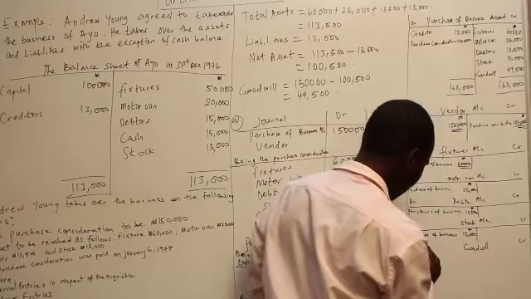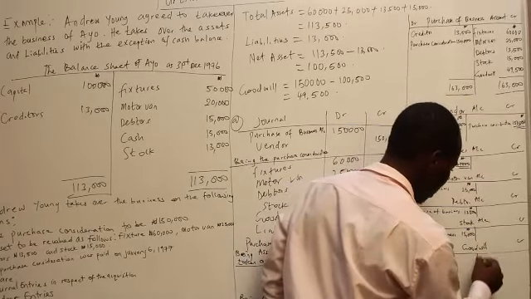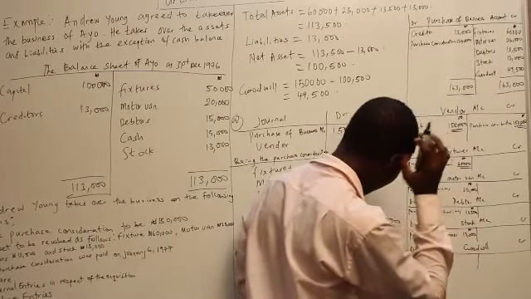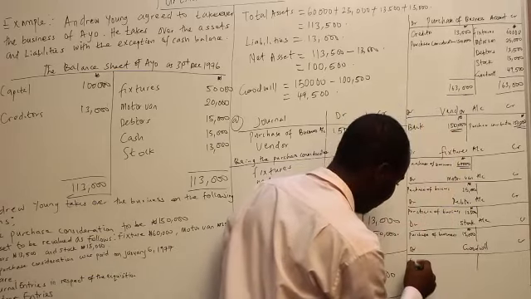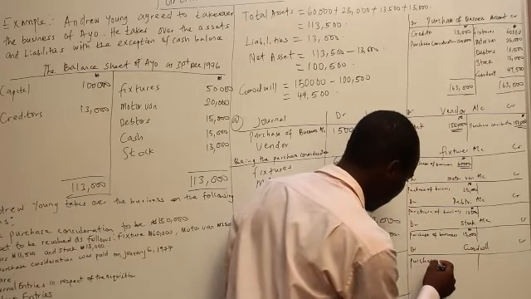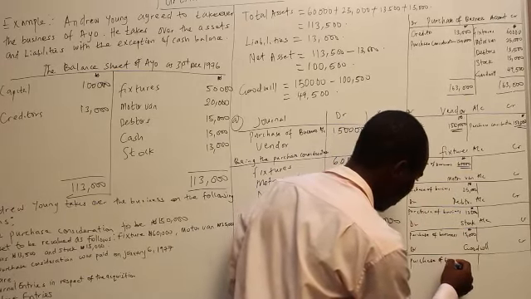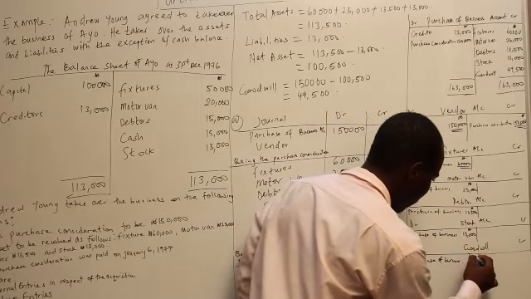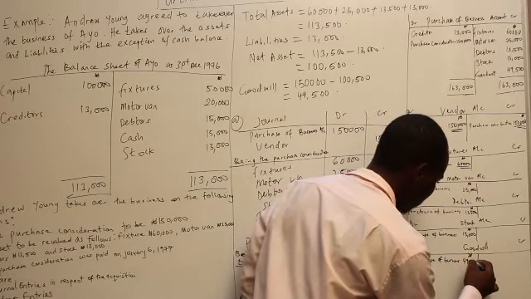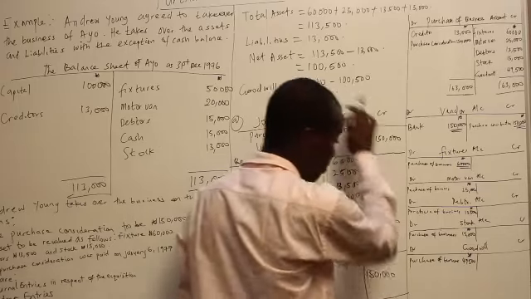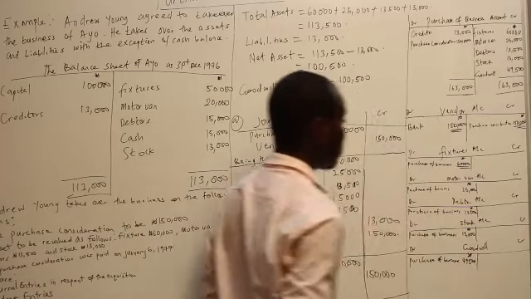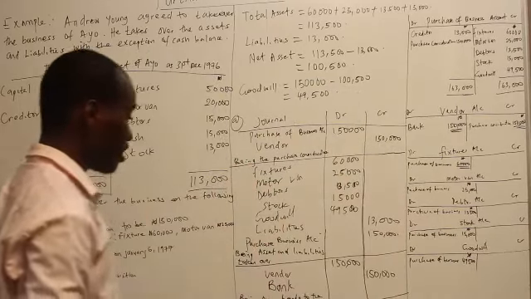So what is created? Asset created through the purchase of business. So what is paid by the purchaser? Purchase of business. So we have 49,500, and that is actually calculated as the excess of purchase consideration over the net assets in the period.